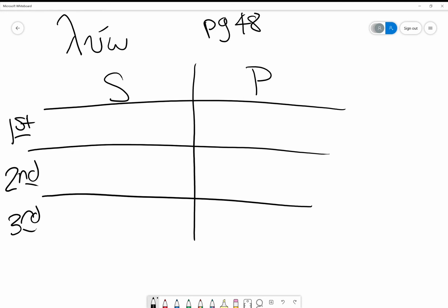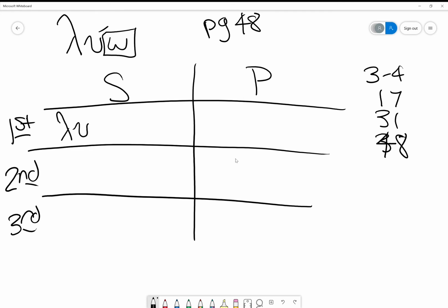There are also explanations as they slowly introduce those pieces on pages 3 and 4, page 17, page 31, and then page 48. Okay, so we're going to take luo. We're going to take this omega off and do just the lu, and we're going to add our endings. So second person is lueis, third person luei.